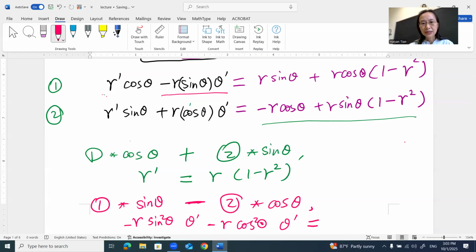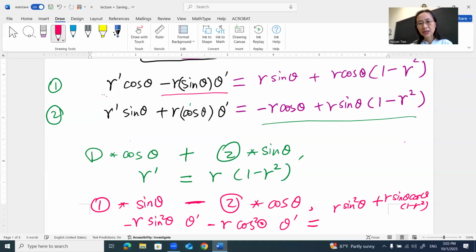So the first equation, every term times the sine. So we will get r sine square theta. The first equation times the sine, so r sine theta cosine theta times 1 minus r squared.